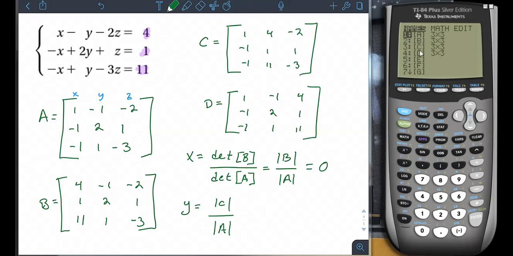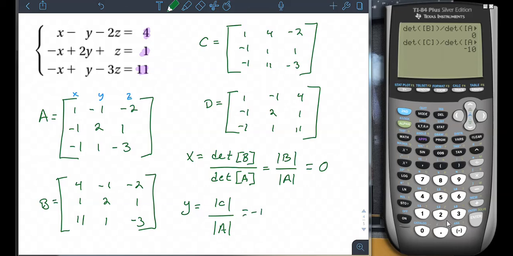I'm finding C first, so I'm going to press 3 here, and close the parenthesis. Division, second matrix, right, determinant. Again, I'm using A, so second matrix, A, close the parenthesis, and press enter.